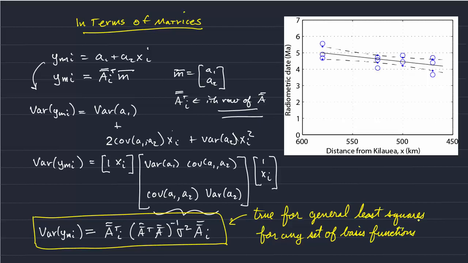In the case we've just used, where we're dealing with a line, the basis functions were a constant and x for a line, but they could be polynomial functions or any basis functions. And we can use this matrix equation as long as A is defined, and we can estimate sigma squared.